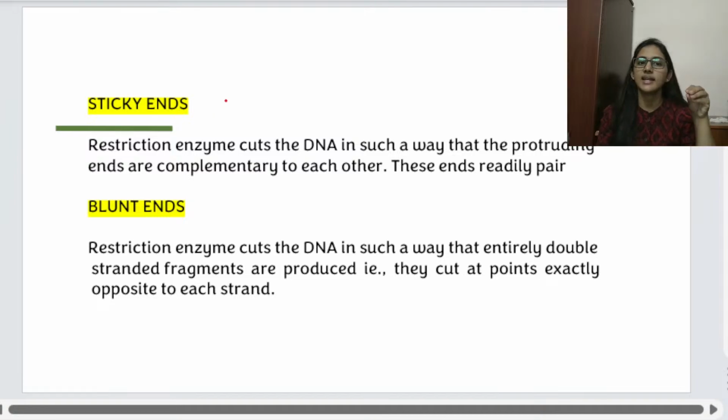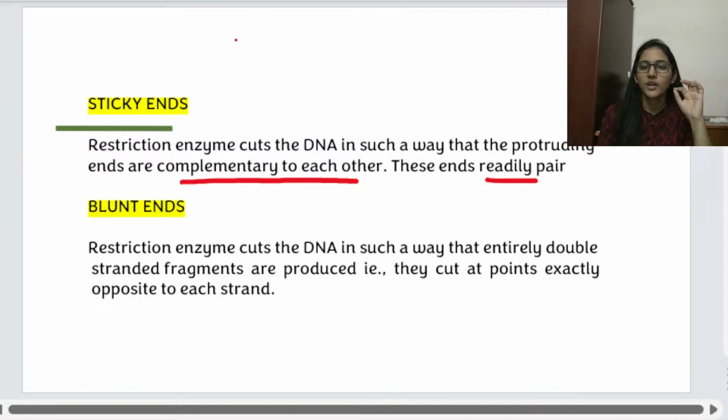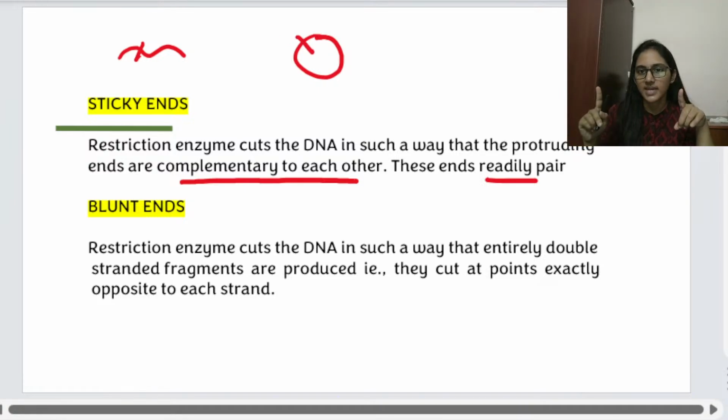So what are these sticky ends? They cut in such a way that they produce hanging ends which are complementary to each other, and these ends readily pair. So how will it be useful? Because I'm cutting the human DNA of interest as well as my vector by the same restriction endonuclease, I will get hanging or sticky ends from the vector as well as from the human gene of interest.